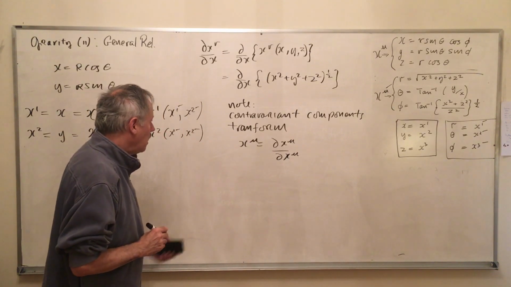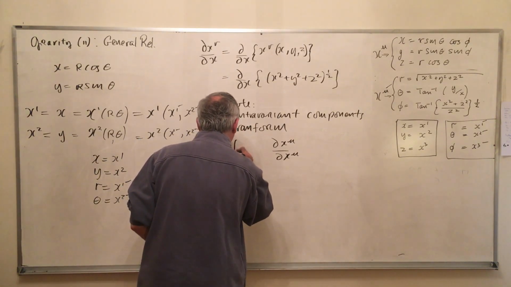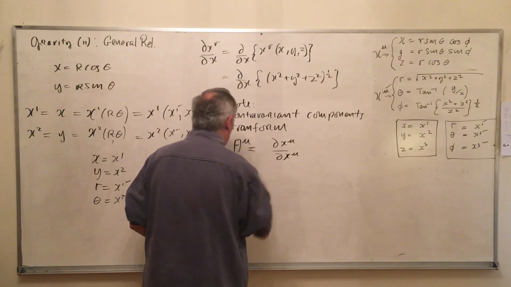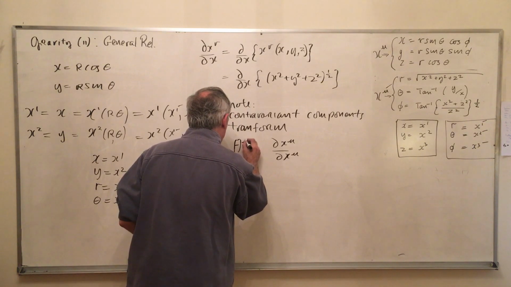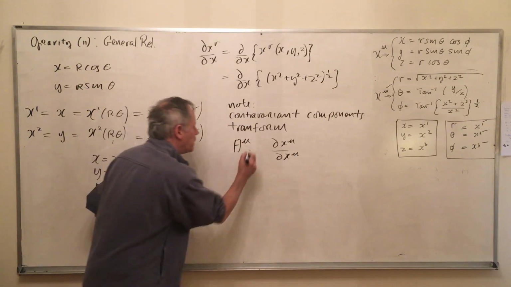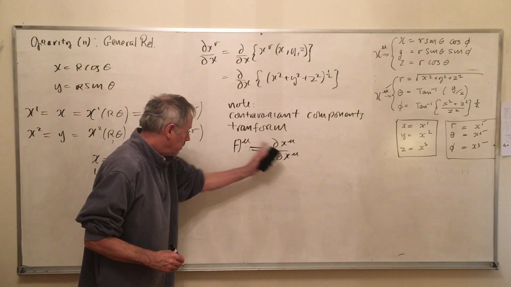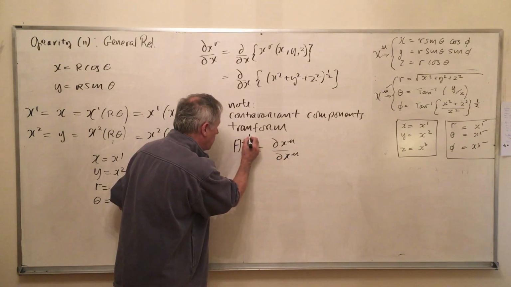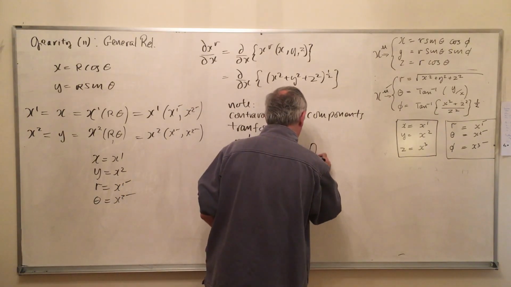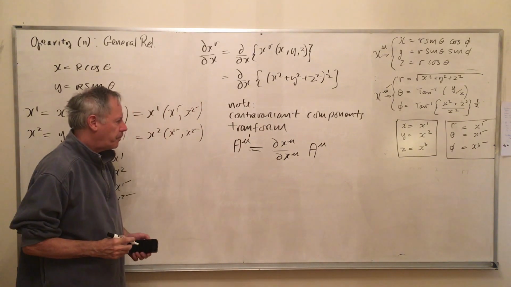Now, let's take a vector, actually. I'll specify a vector with contravariant components. And there's a transformation rule between the new components and the old components. It's a contravariant vector.